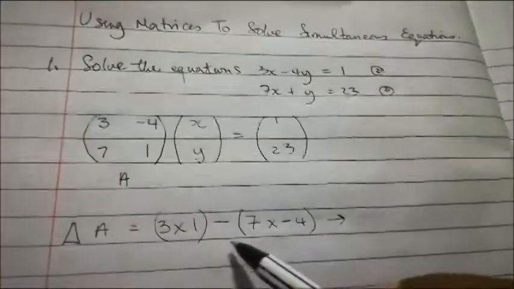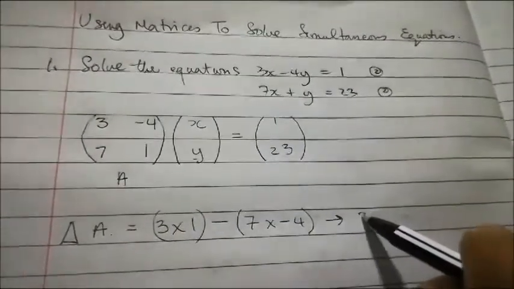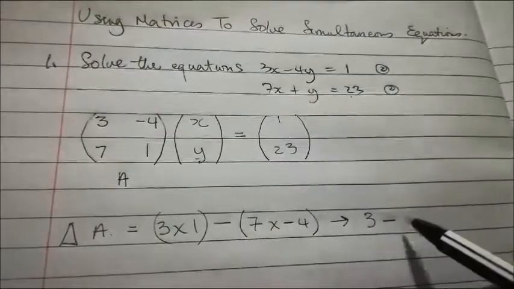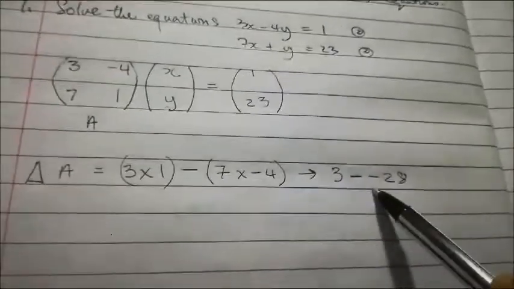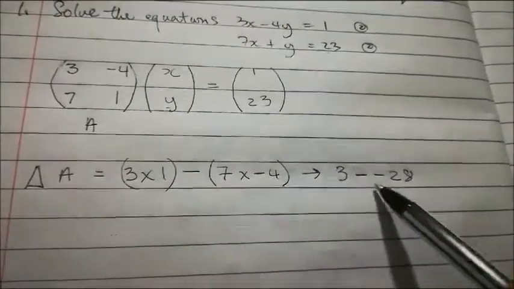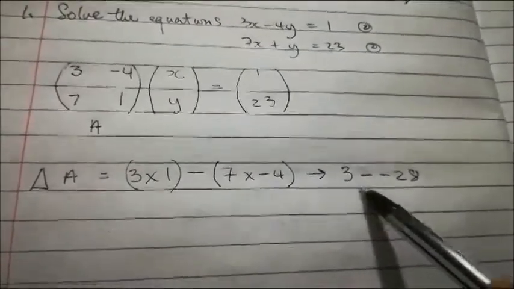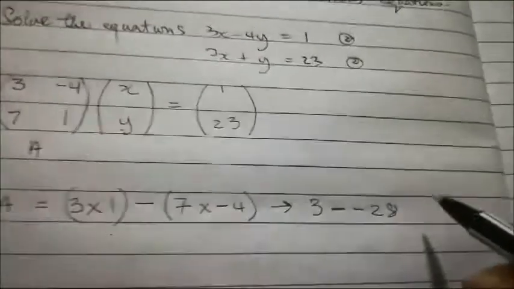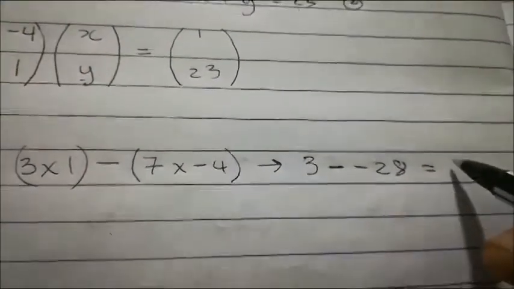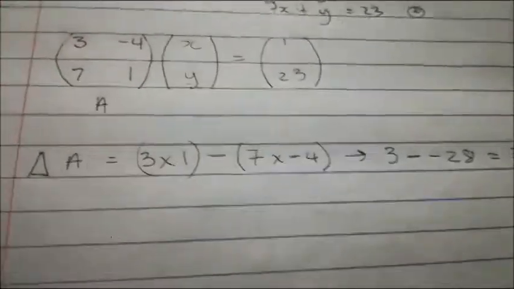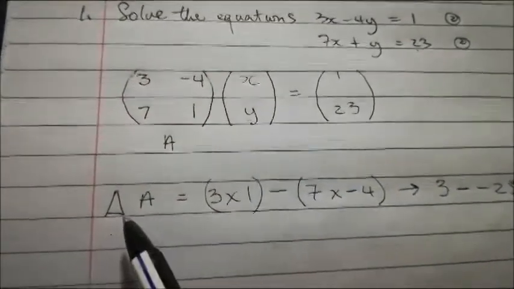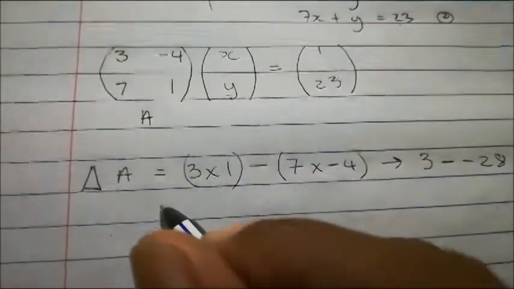This is going to lead to 3 times 1 is 3 minus 28. And of course, when two minus signs face each other, it becomes a plus. So 28 plus 3 is going to be 31. So the determinant is equal to 31.